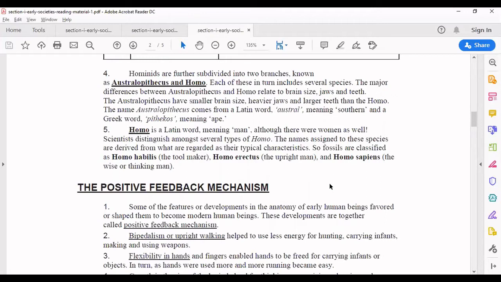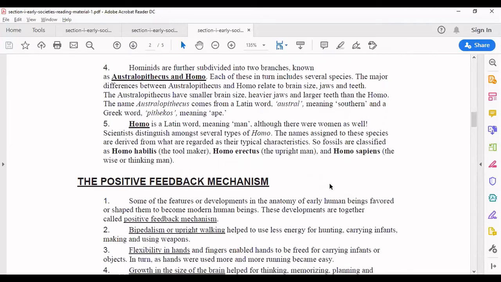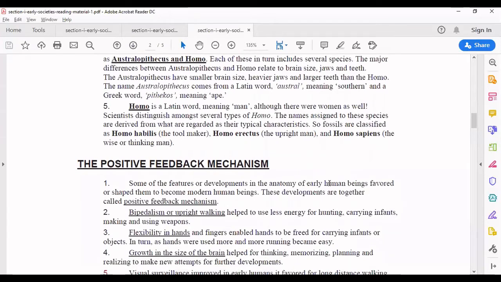The major difference between Australopithecus and Homo is with the brain size, jaw and teeth. The Australopithecus have smaller brain size, heavier jaws and larger teeth than a Homo. The word Australopithecus comes from the Latin word austral, meaning southern, and the Greek word pithekos, which means ape.